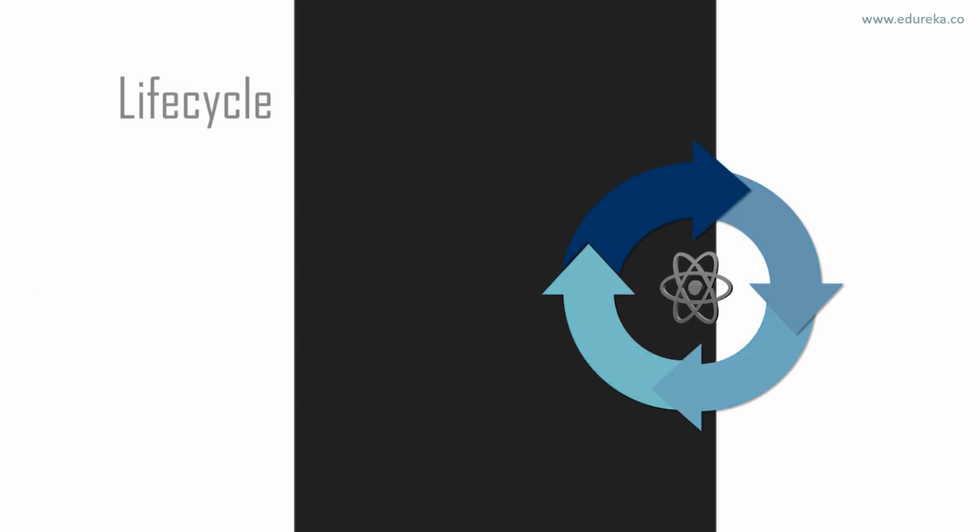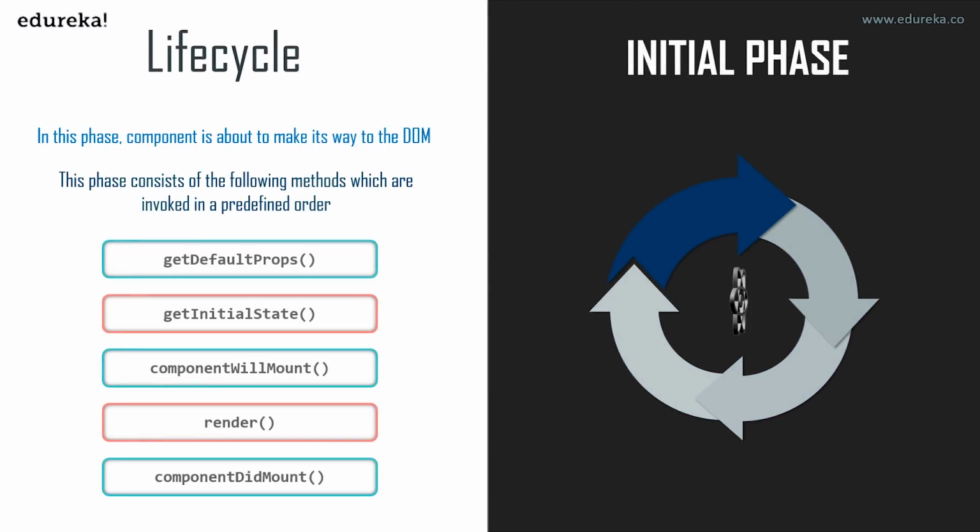The first phase in the lifecycle of any React.js application is the initial phase. Now what are the different methods available here? In this phase, the component is about to make its way to the DOM. It has not yet reached the DOM.